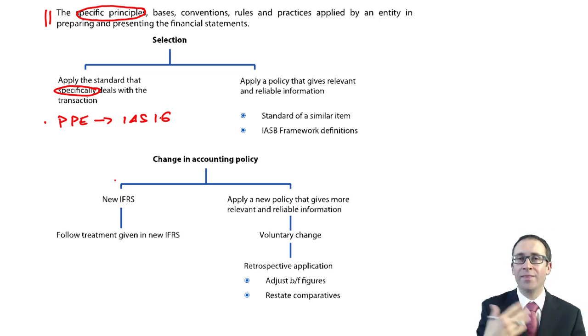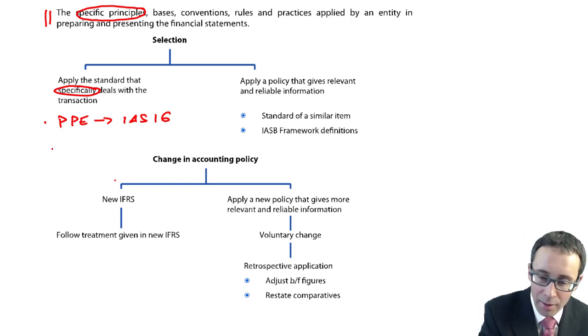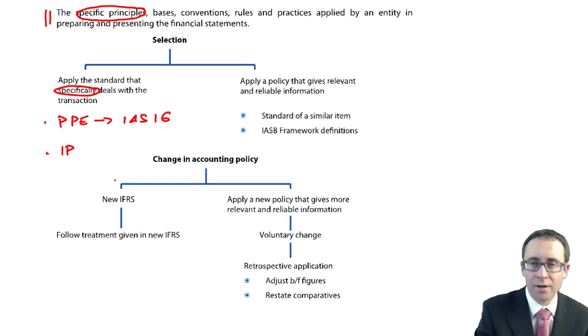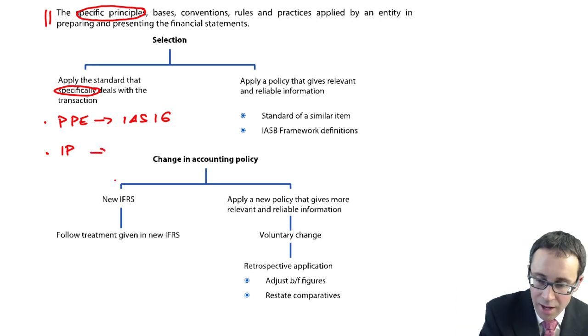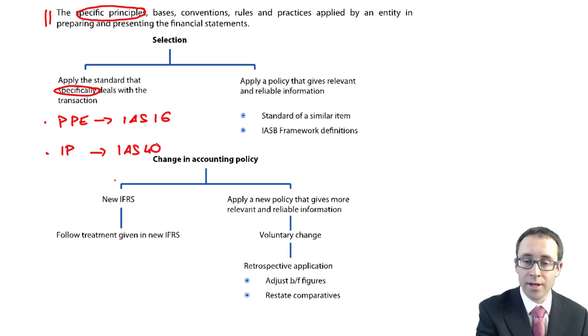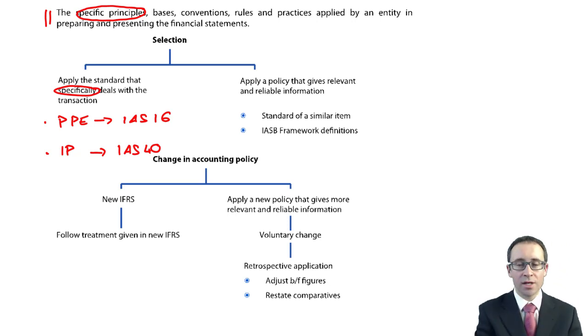So if you have land and buildings that are part of your normal day-to-day operations, maybe for a factory, for a warehouse, for your head office, then that's IAS 16. However, if you have land and buildings there for investment purposes, i.e. capital appreciation or to rent out to other parties, then it's not IAS 16, is it? It's IAS 40. So you need to be specific about which standard follows which accounting treatment.